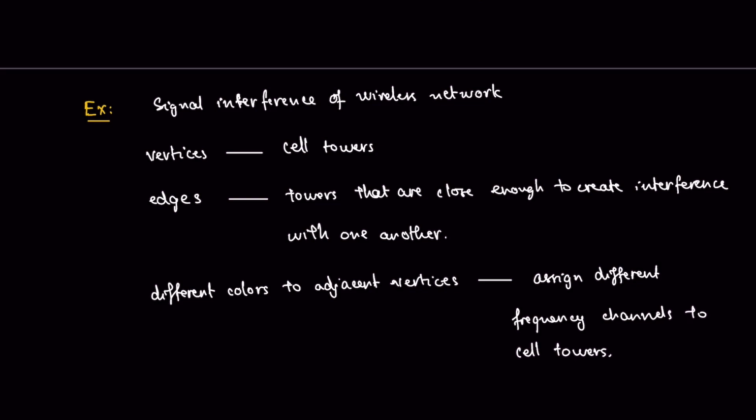Okay, so that's one application, and it makes sense, right? Because you don't want two cell towers right next to one another with the same frequency, interfering with one another. It's not only for the wireless network and cell phones, but also for radio signals as well.